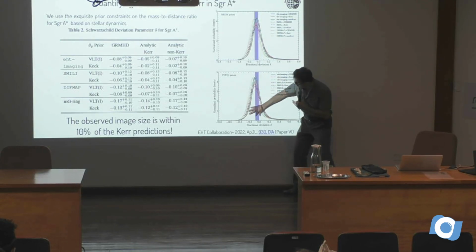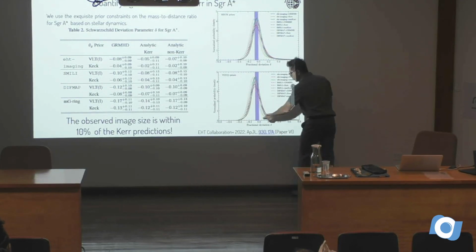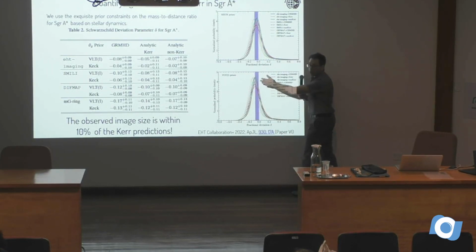What is important is this purple shaded area here, which is indicating the Kerr solution. 0 here means Schwarzschild. Okay, the black hole is not spinning. If it's spinning, it goes a little bit smaller. So the more you move to the left, the more spinning the black hole is. And as you see, our curves are within this shaded area, right?